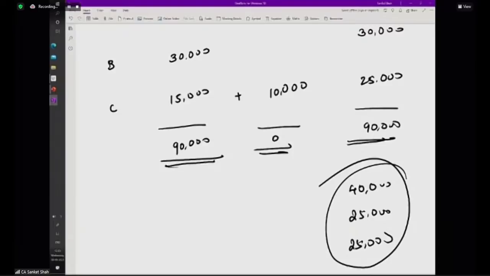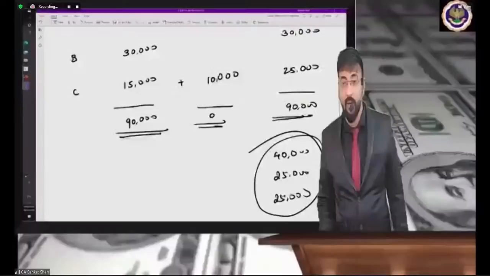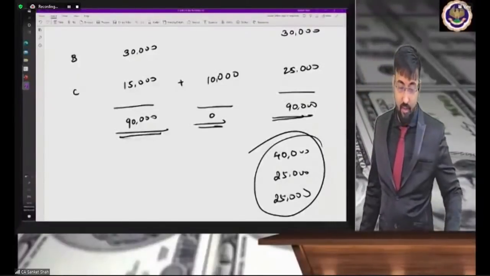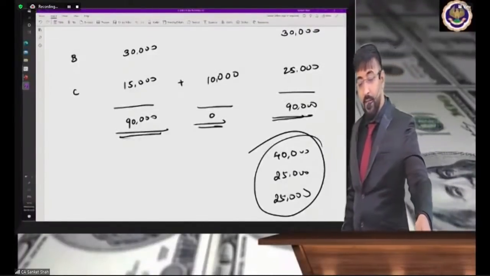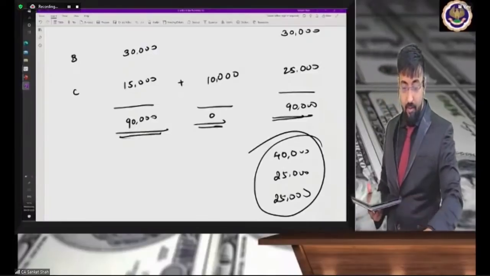You can follow the book method or you can follow my method. Don't worry, in the exam you can follow any method.